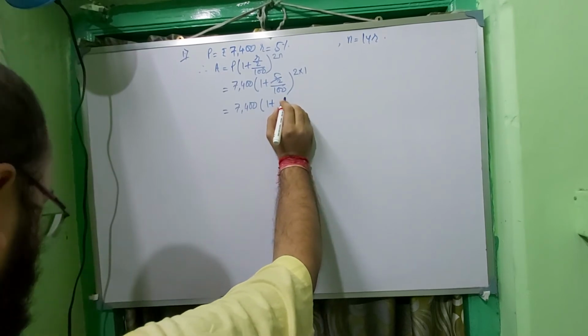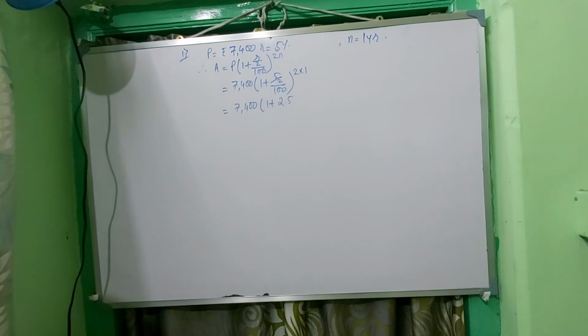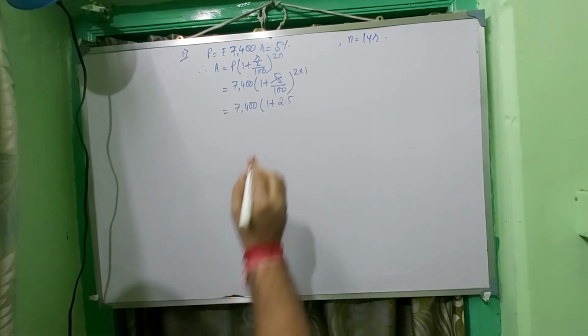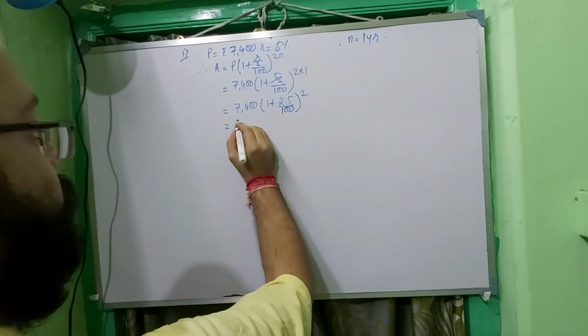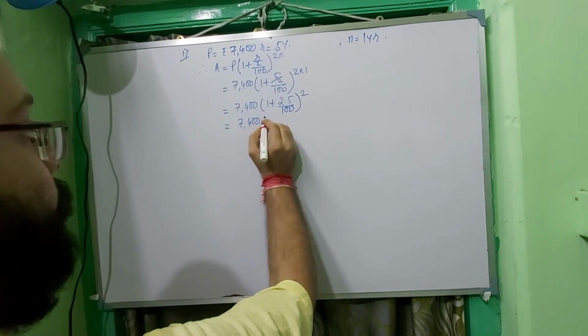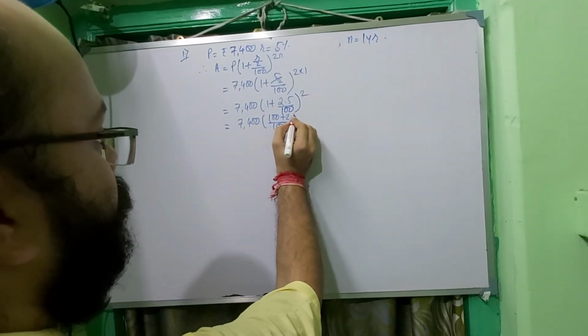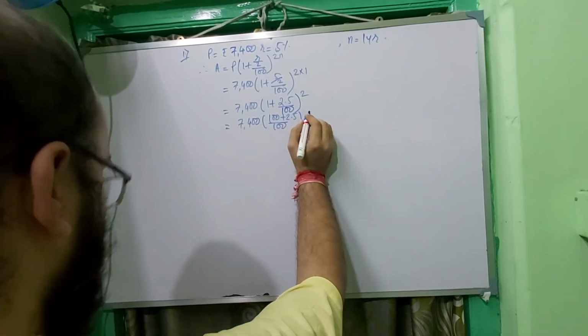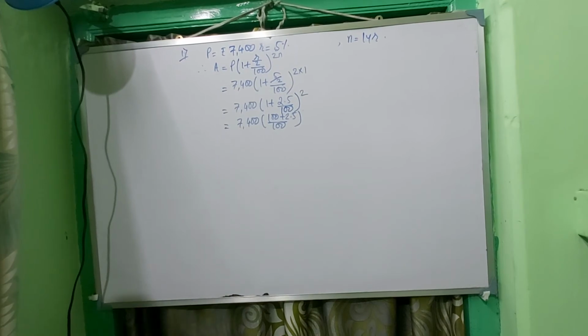Means 7,400 1 plus 5 by 2 means 2.5, obviously, you can calculate that 5 by 2. It's 2.5 by 100. Okay, 7,400. LCM it 100 plus 2.5 all to the power.